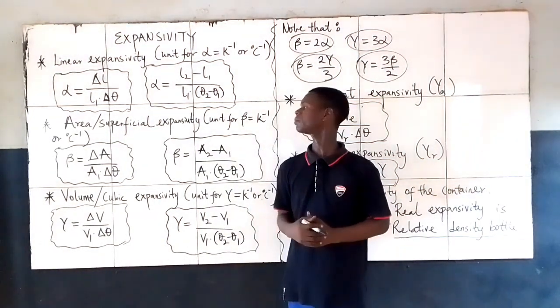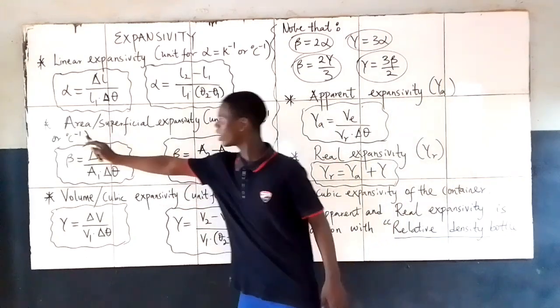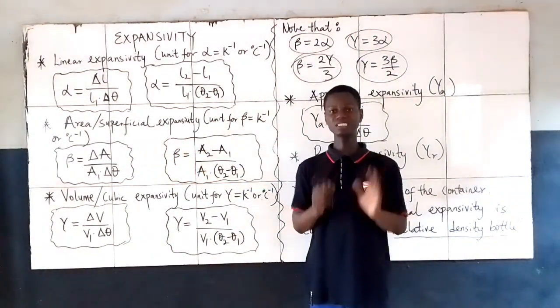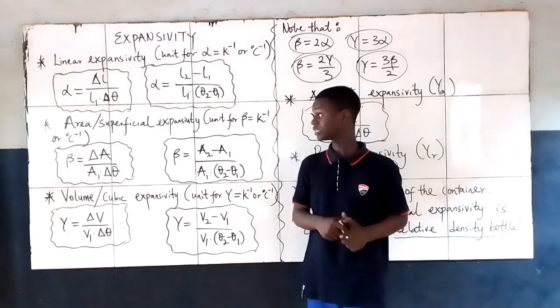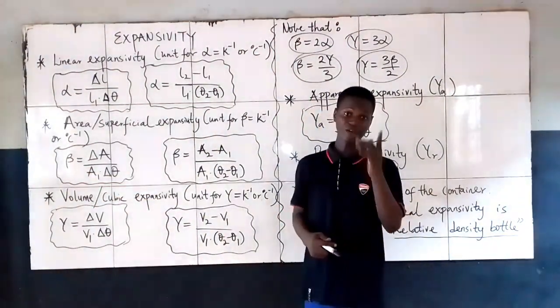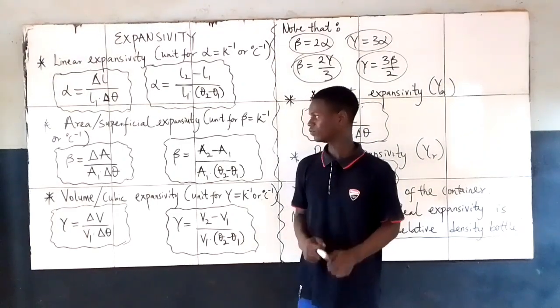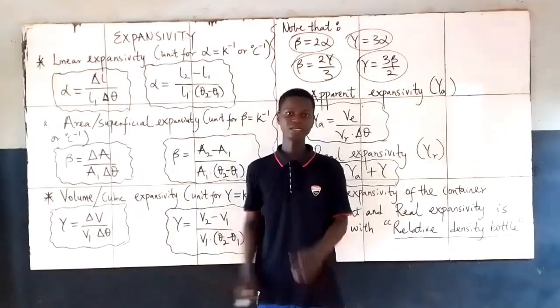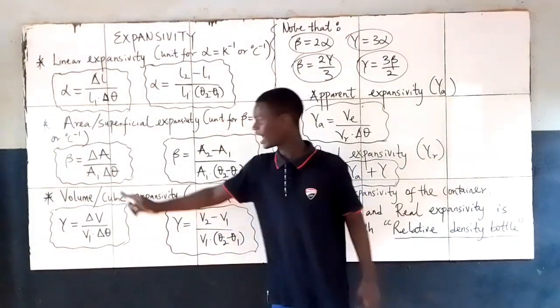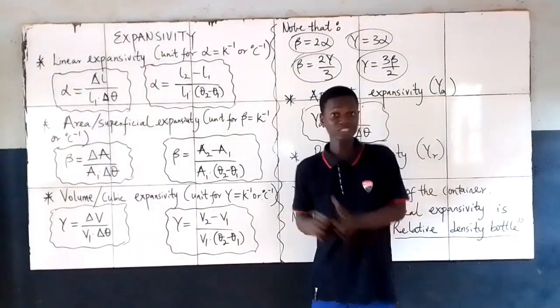Let's get straight to area, also called superficial expansivity. The symbol for area or superficial expansivity is beta. The formula is the change in area, that is delta A, over A1 times the change in theta, that is change in temperature.